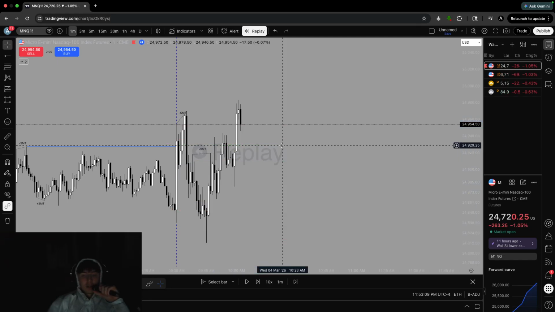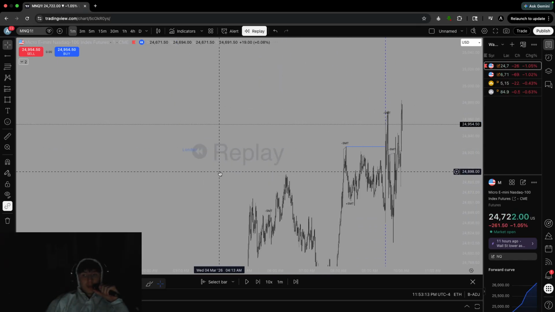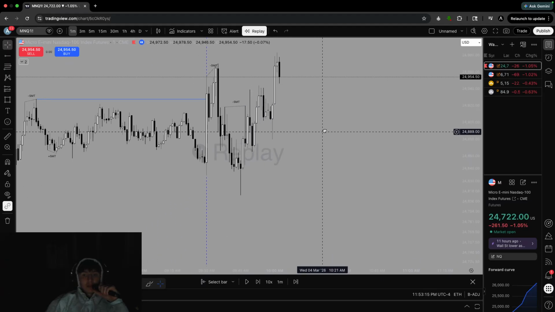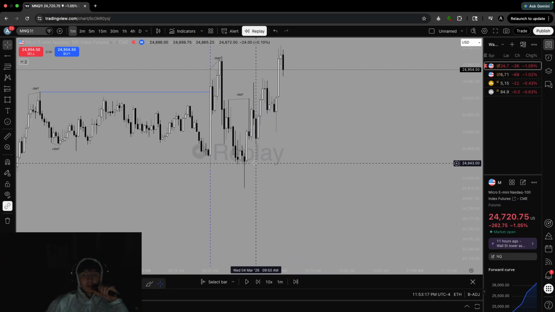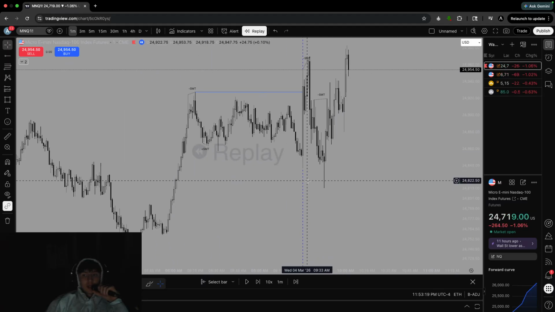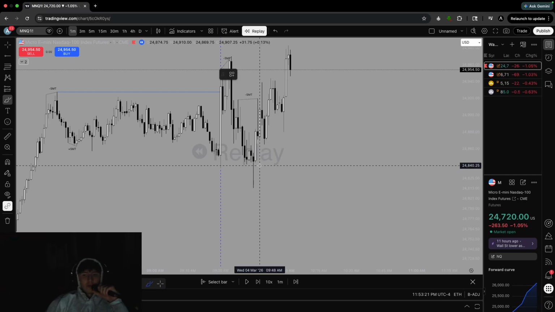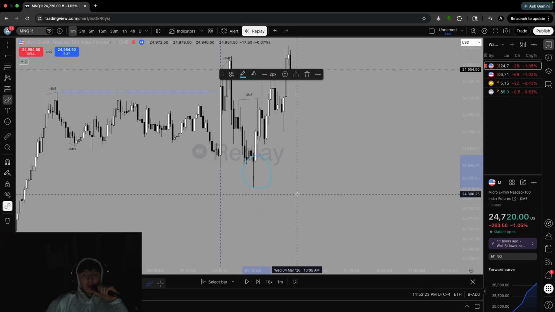Absolutely tragic. Just another L. I mean, that was A plus. Swept the liquidity. Had a weird wick candle though. This is a little bit of a weird candle. That led me on with this candle.